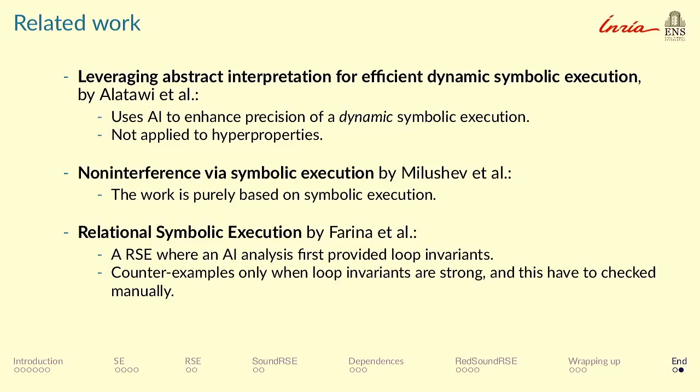They're also doing relational execution, and they're also sound, but the way they use abstract interpretation is very different, because we're using it on demand. We execute symbolically, and then we hook up dependencies when needed. In that way, it's different. They have loop invariants that are processed beforehand, and then they add the loop invariants in the symbolic execution.